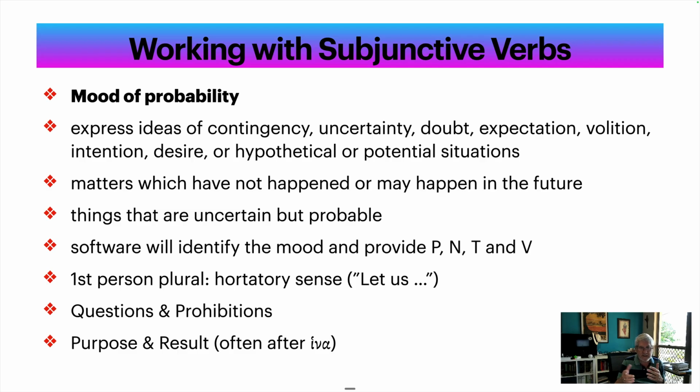Another way of saying that is when you see hina occurring at the beginning of a clause, almost certainly the verb that's connected with hina, following it either directly or later in the clause, is most likely going to be subjunctive. But again, we don't have to master all these details. The software is going to do it for us.